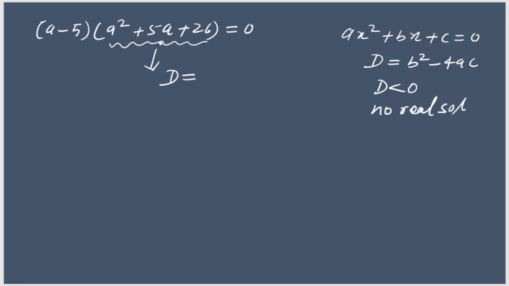So here if you calculate d, the b value is 5, so it will be 25 minus 4 into 1 into 26. Clearly the d value is less than 0. So this factor will not give me any real value of a. So the only real value of a that I am getting is a is equal to 5, right?